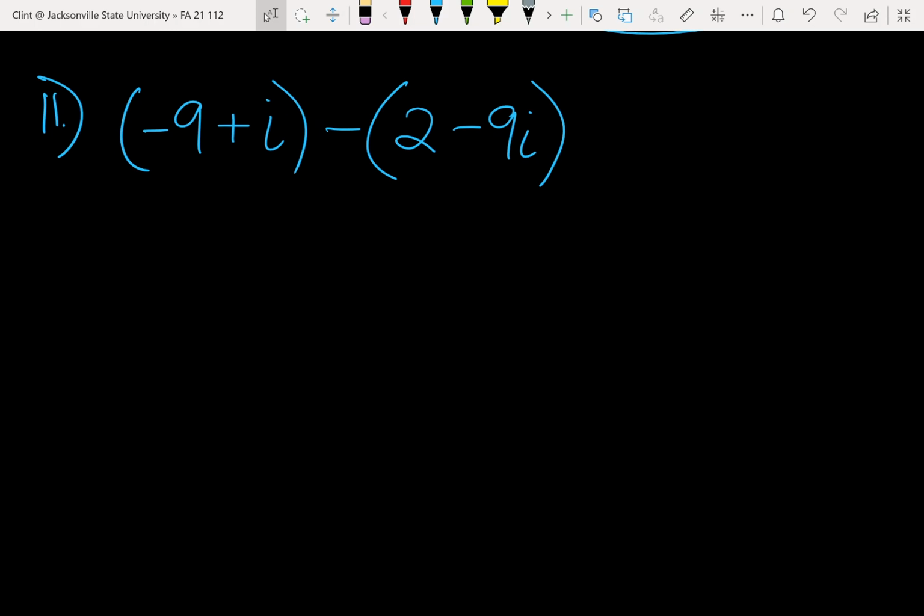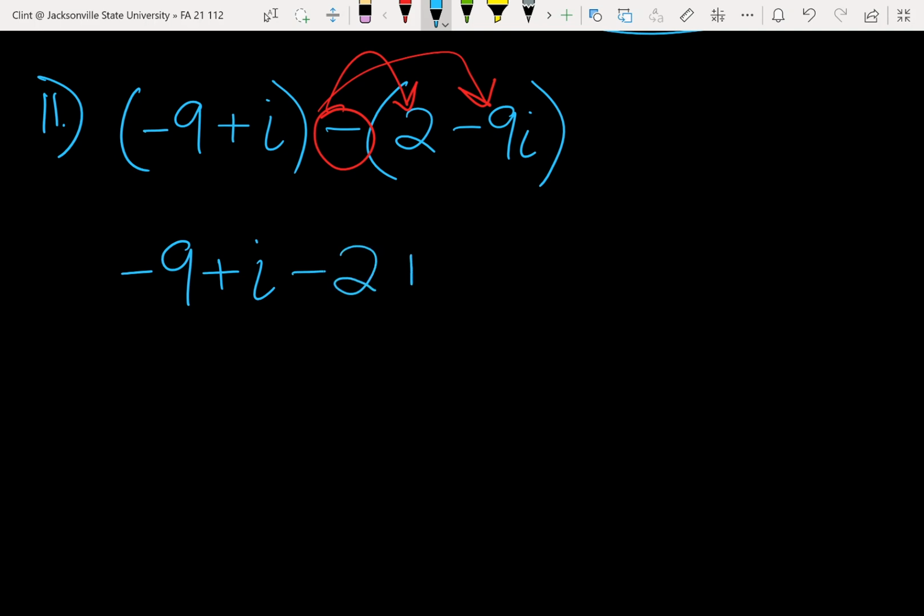Okay, so if we think about it that way, we've already done one really similar to this, right? The only thing we have to be careful of on this one is the signs here. So I'm going to distribute this minus sign. That'll be negative 9 plus i minus 2 plus 9i. Okay. And then we just combine like terms. Since I know I'm going to put it in a plus bi form at the end, I'm going to do my constant terms, the numbers without the i's, first.